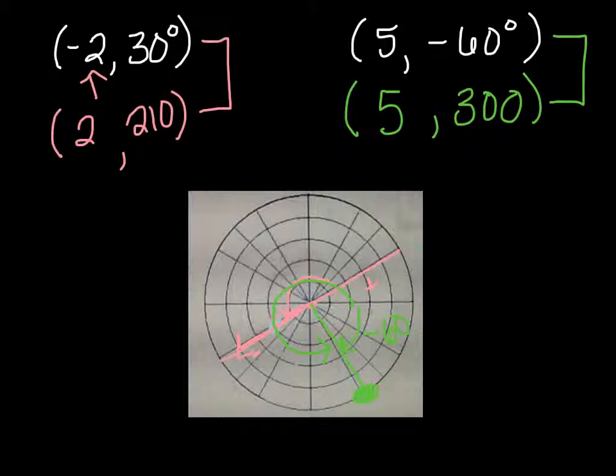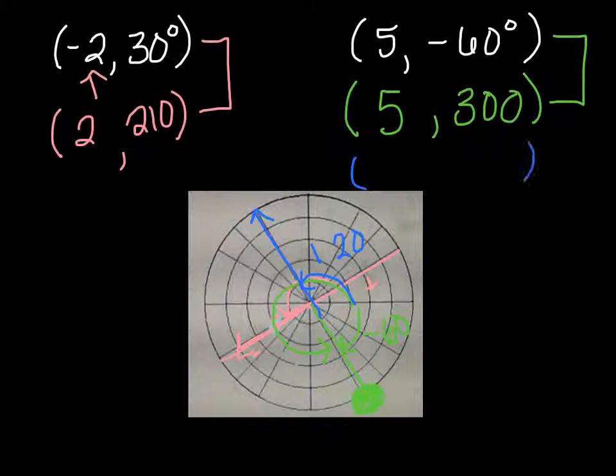Can you think of one other way you could change this point but still have it be this point right there? Another way to do it is, let's go ahead and extend this angle right here. And in the positive direction, that angle is 120.